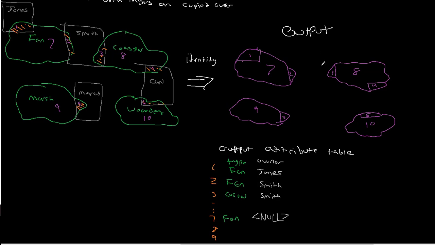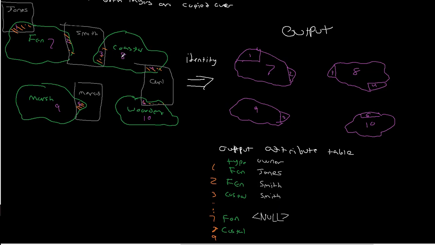So what about 8? Well, 8 is going to have the same problem that 7 did. It's going to have a type. It's going to have coastal, again, because we're just looking at the type of the wetland part. In terms of owner, though, again, there's no owner here.